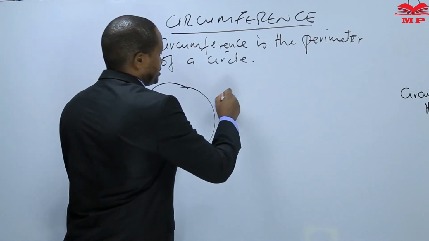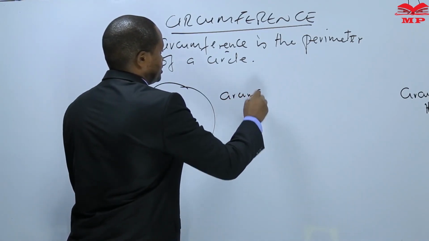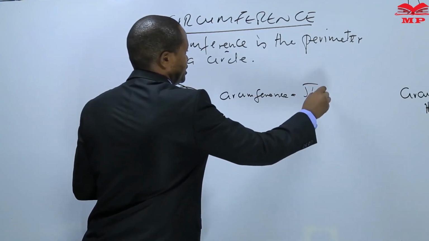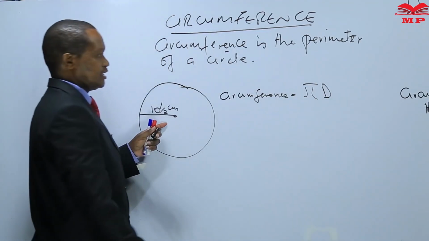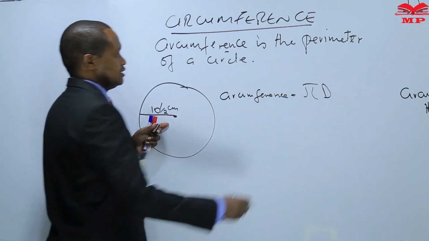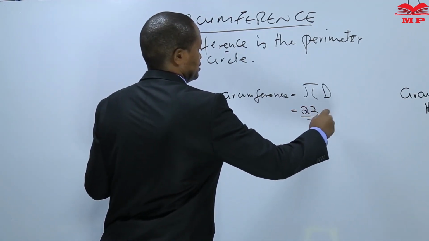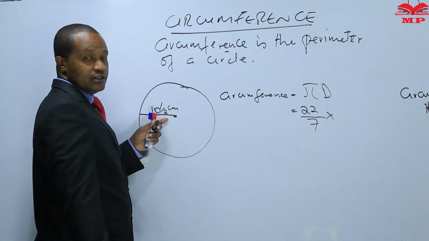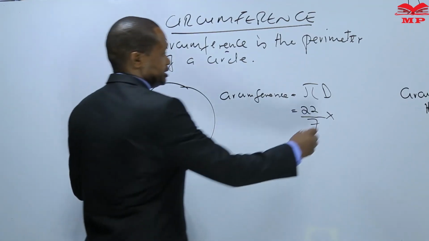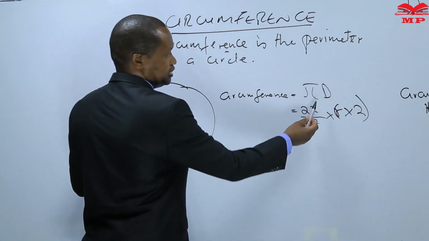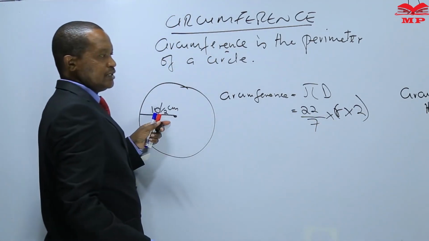So the circumference will be equal to pi d. Pi is 22/7. Our d will be the radius times 2. This will give us the diameter.